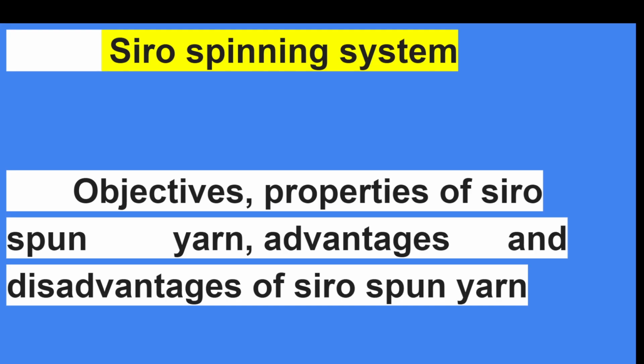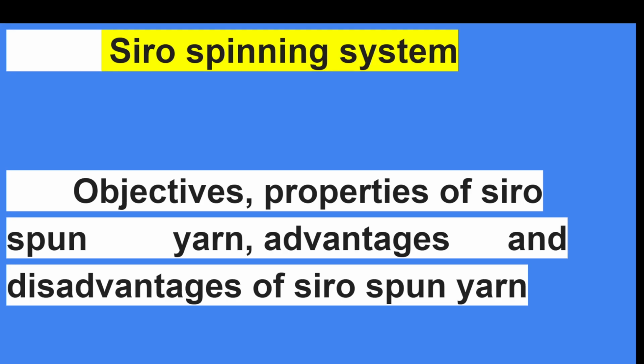Guys, the yarn produced in Siro spinning is two-fold with virtual twist. The Siro spinning system produces two-fold twisted yarn on our ring frame machine.